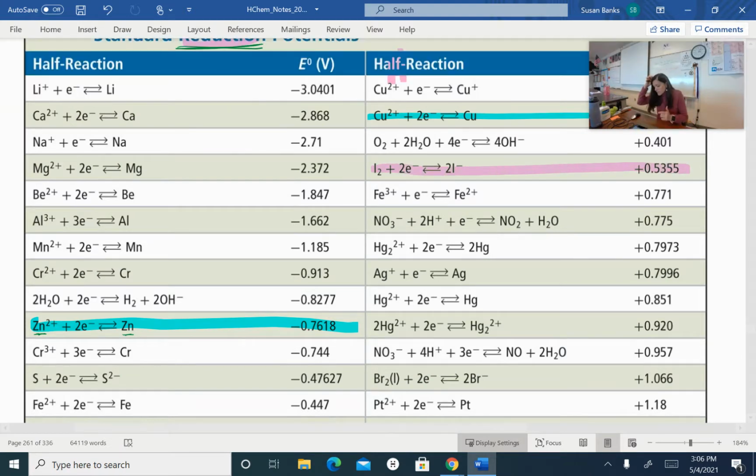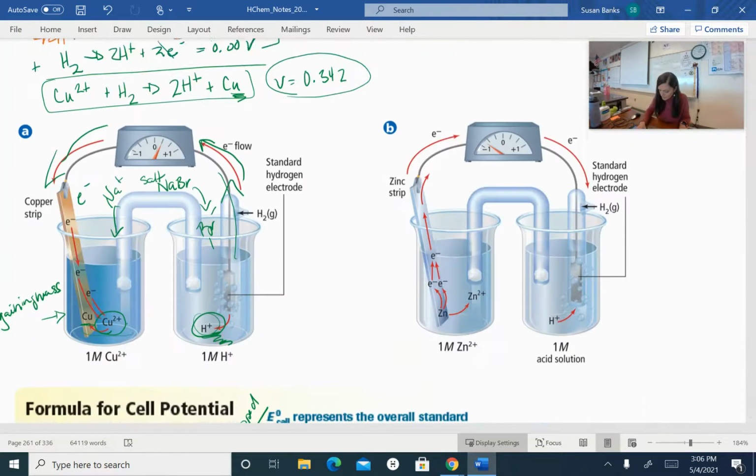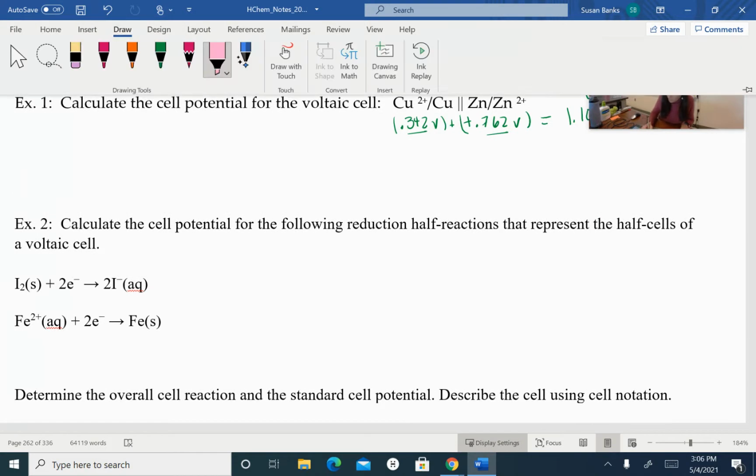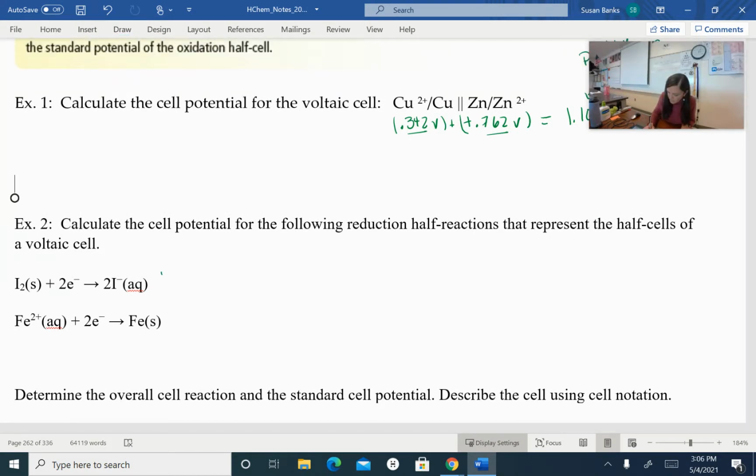I have a positive 0.5355 volts for iodine. Okay, so I'm going to write that. So I have a positive 0.5355 volts for this. Now I need to look for the iron plus 2.